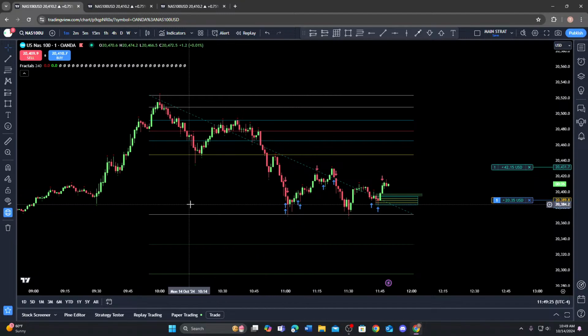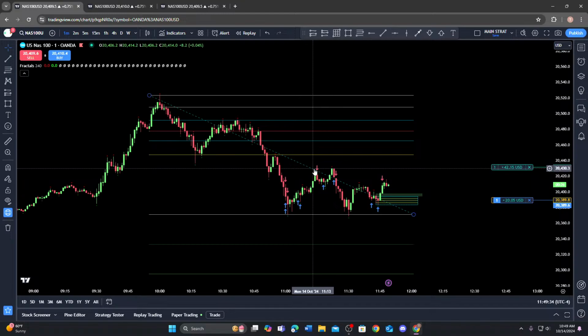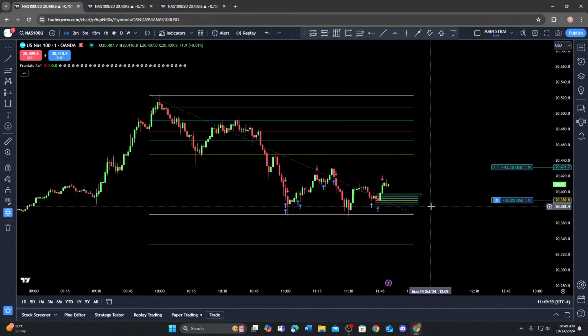We took an out sell side here. We failed to go lower after taking that sell side. And so we should be able to move above here, at least above here. So that's what we're going to watch for.